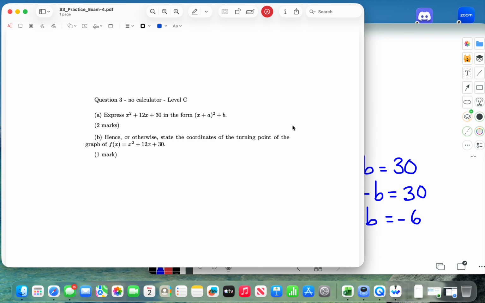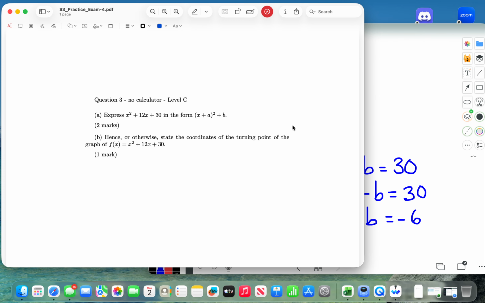Section B is hence or otherwise state the coordinates of the turning point of the graph f(x) equals x squared plus 12x plus 30. If a question says hence or otherwise, you can either use the answer to the last section, or you can use another method.